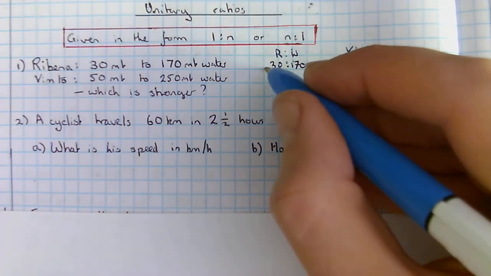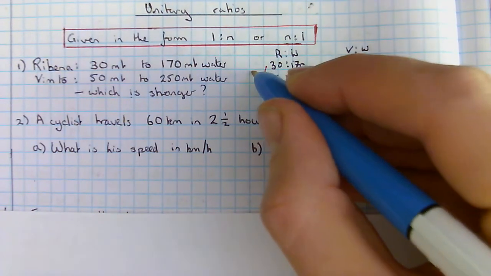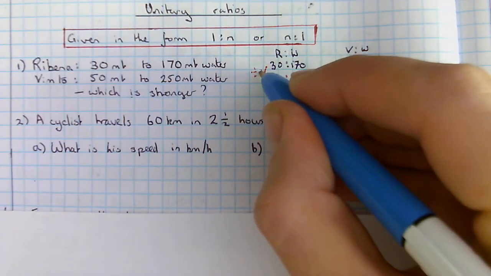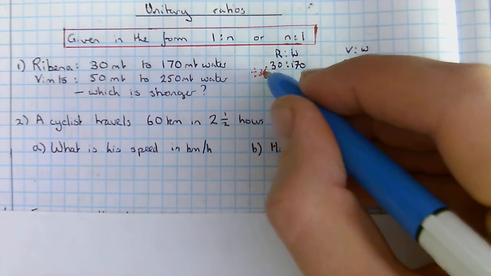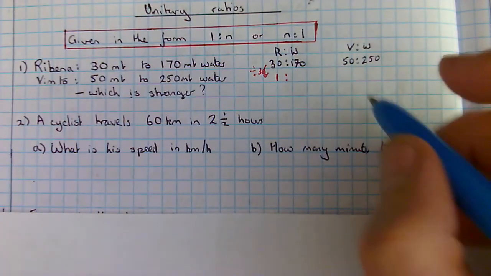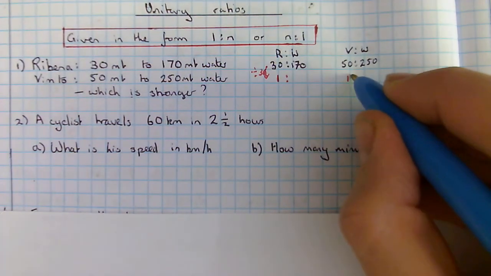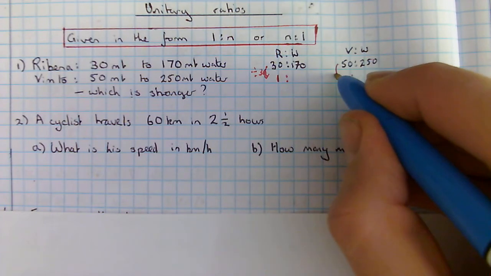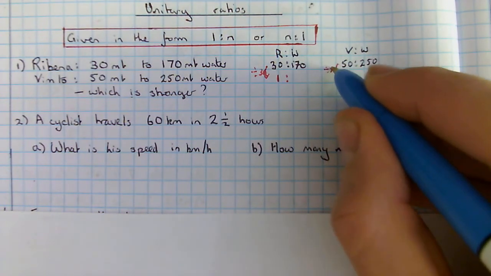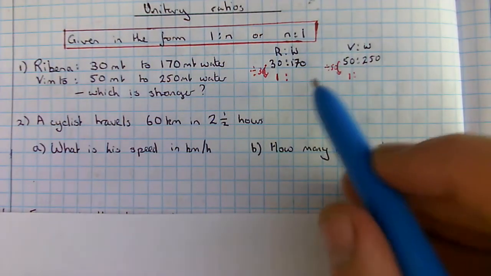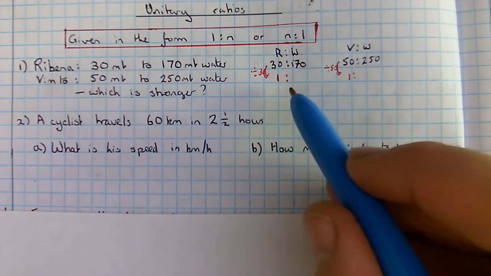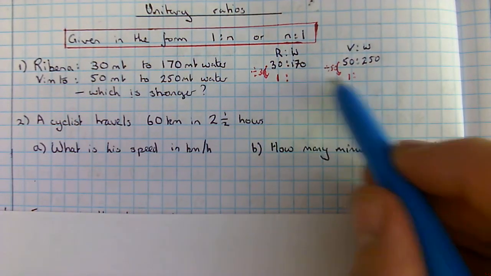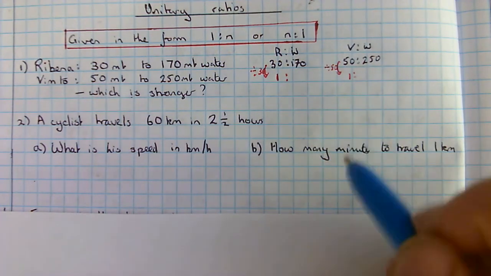So I'm dividing here by 30. Anything divided by itself gives me 1. The same thing here. 50 divided by 50 will give me 1. And as long as I do the same to the other side, I should be able to compare which one requires more water, the Ribena or the Vimto.